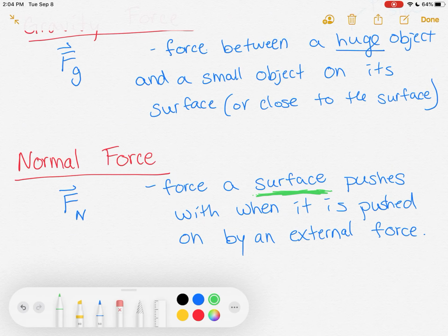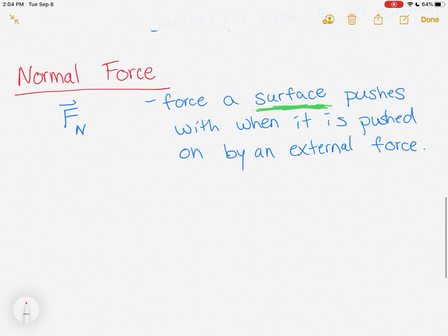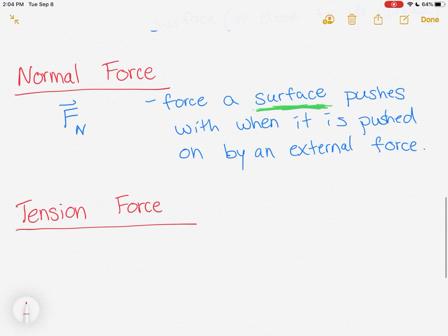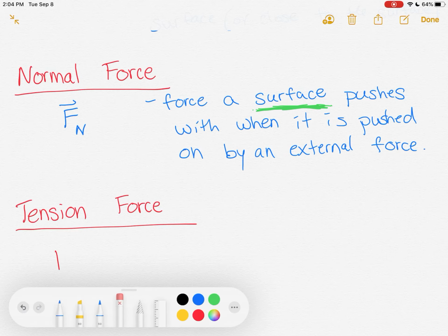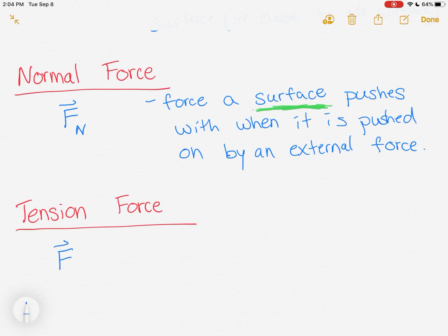All right, next up is our tension force. And with our tension force, switch to blue here. We can denote it with, again, a capital F with our capital T, or you will see often that tension is just denoted with a large capital T with the arrow over top.